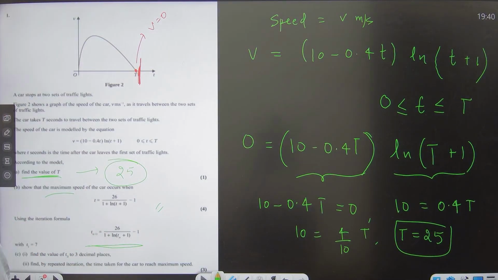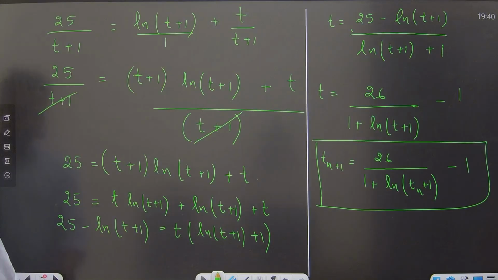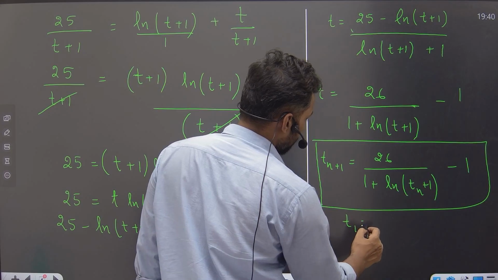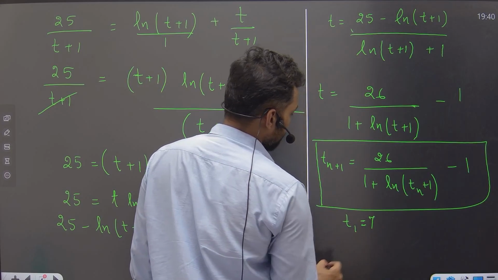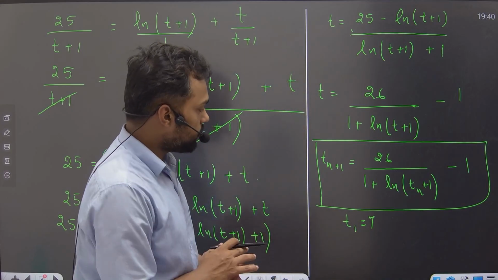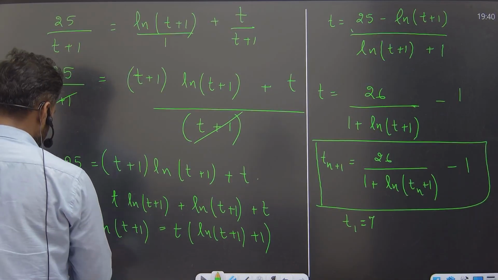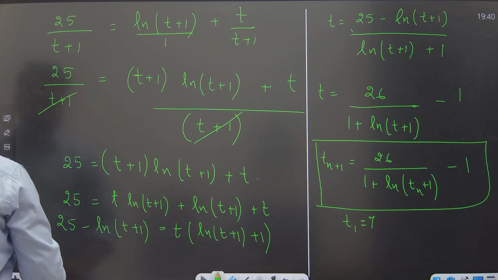With t1 equals 7, find the value of t3 to 3 decimal places. t1 is equal to 7, students. t1 is equal to 7. So on keeping t1 equals 7, what we'll get?